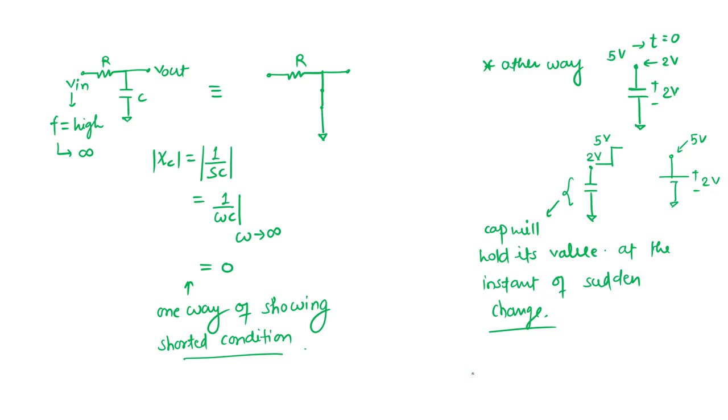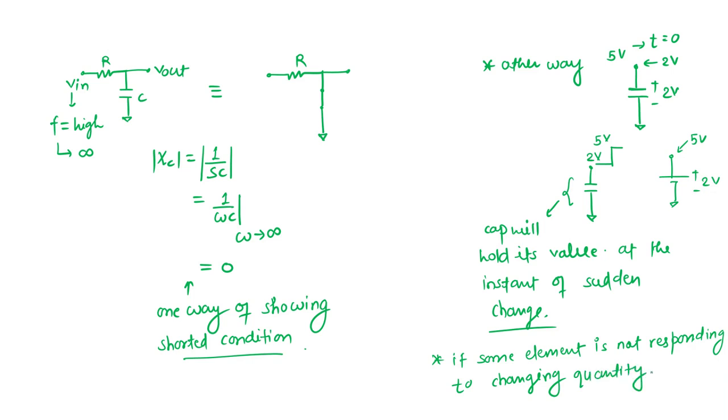So if some element is not responding to a changing quantity, then what will you see? What is the effect of that del quantity? Its effect is zero.